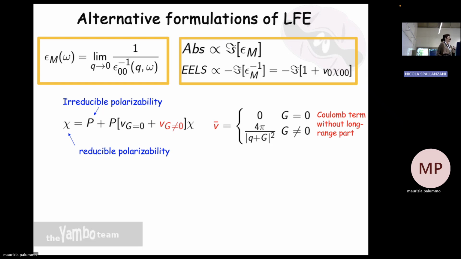Let me give you another mathematical formulation of the local field effect that is used in the solution of the Bethe-Salpeter equation, which, as you see, includes the local field effect naturally.